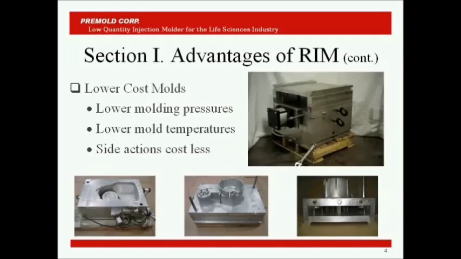In addition, side actions are less expensive because RIM molds use low-cost air cylinders or hand-loaded loose pieces to achieve complex features. The 3 pictures on the bottom of this slide illustrate the core, cavity, and ejector system of a conventional RIM production mold. Often, molds can be designed without ejector systems for additional cost savings.